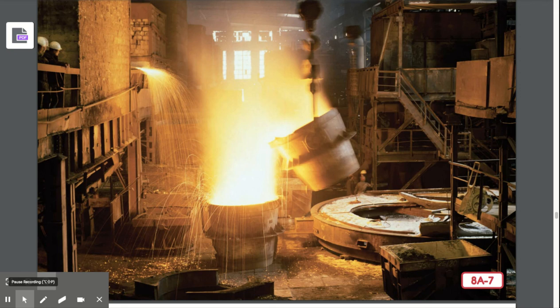Why was a blacksmith so important to the people in a colonial town? He made the tools for everyone else.